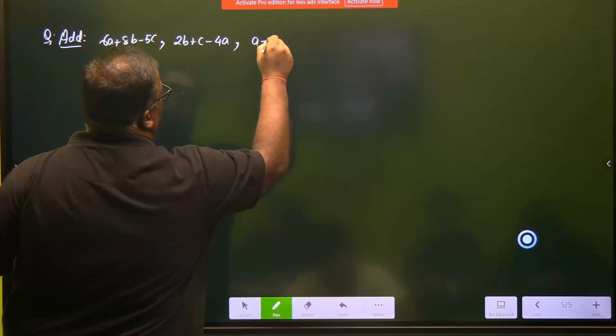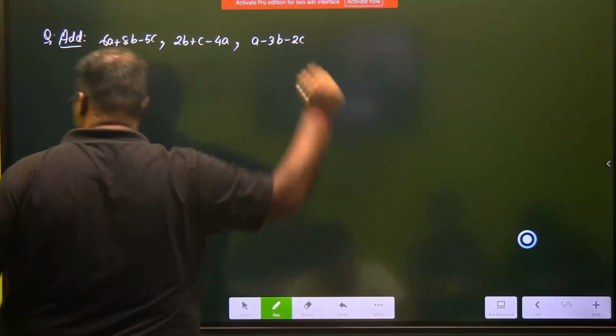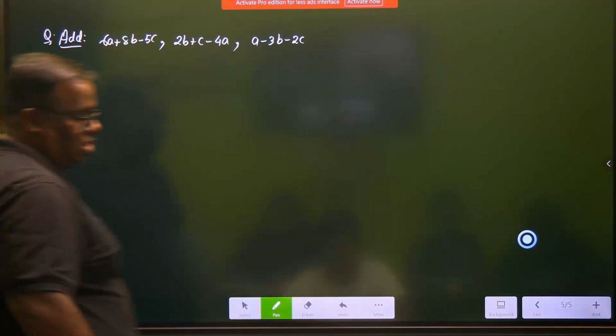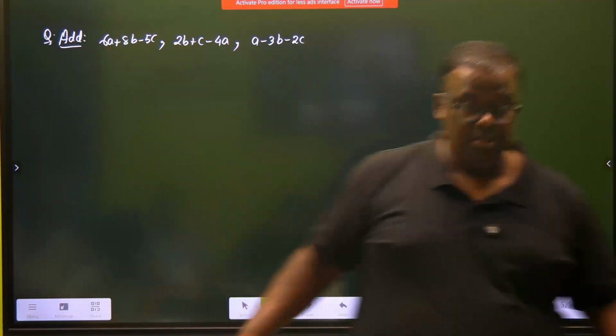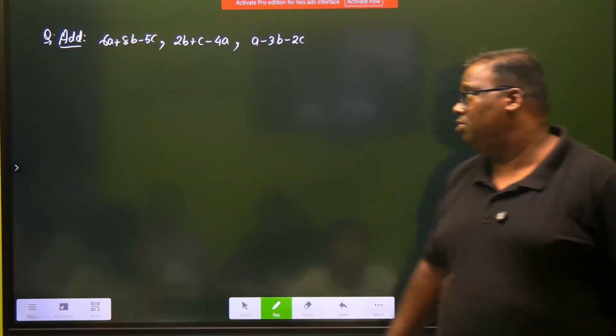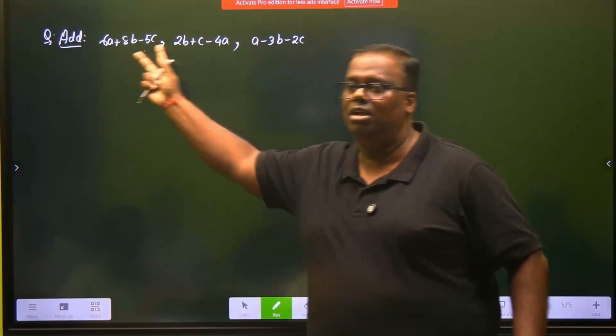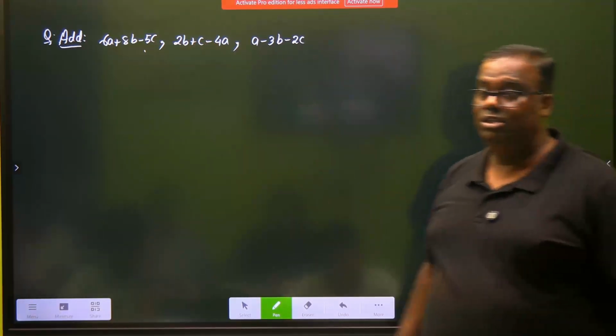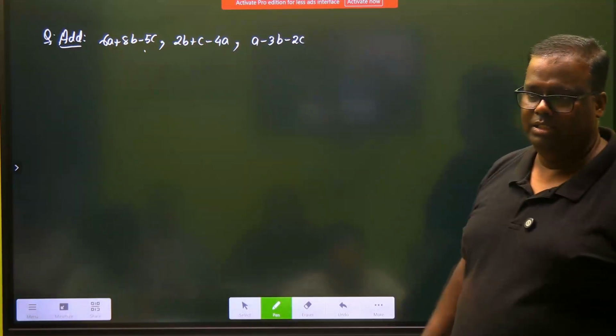We have to add this. So we basically have three trinomials to add, right?